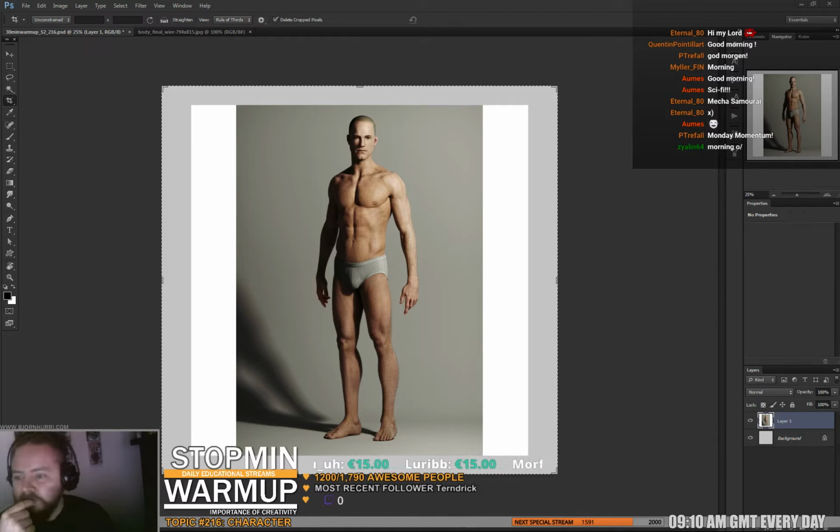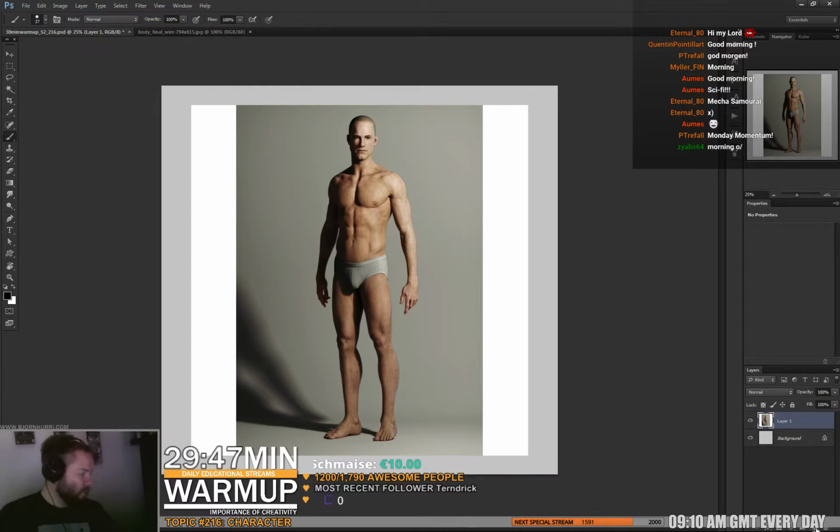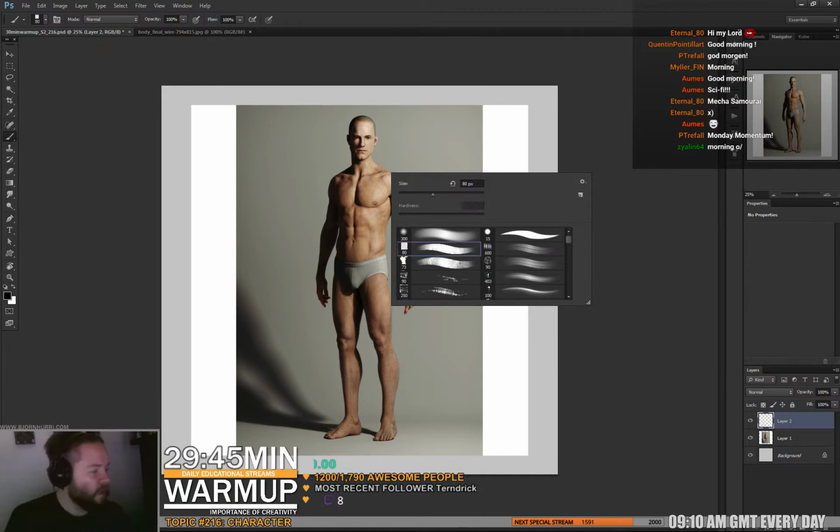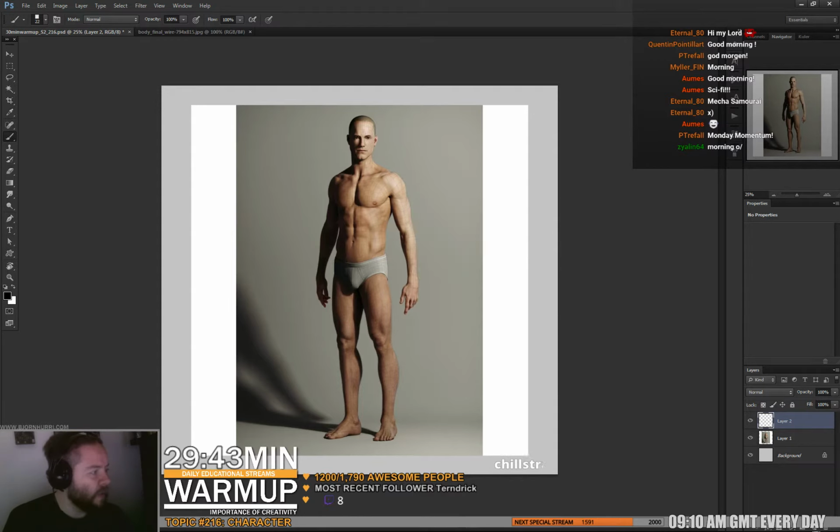Right, so let's start the timer and let's see what I'll create. The timer's running. So, sci-fi character. What's the purpose of this character? Oh yeah, that's right. I didn't do my homework.